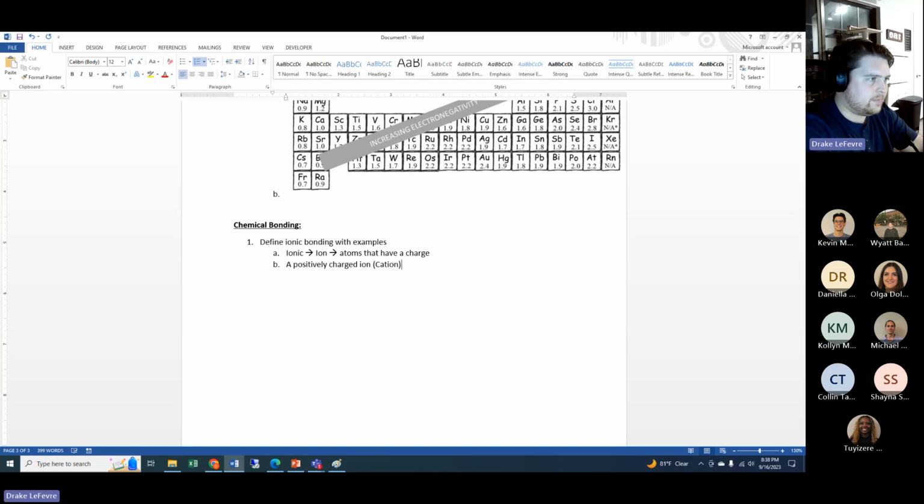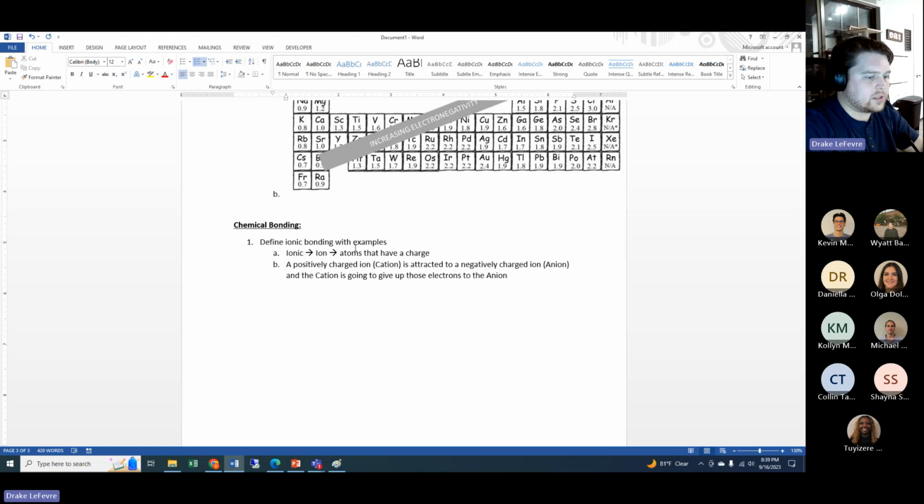A cation is attracted to a negatively charged ion known as an anion. And the cation is going to give up those electrons to the anion.